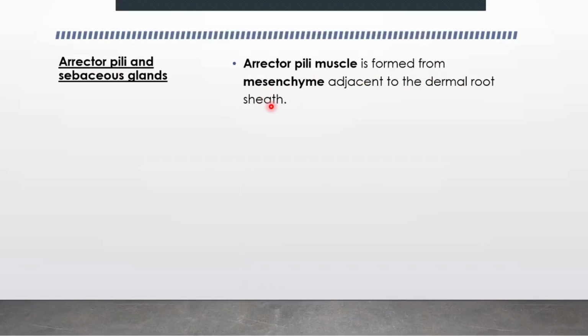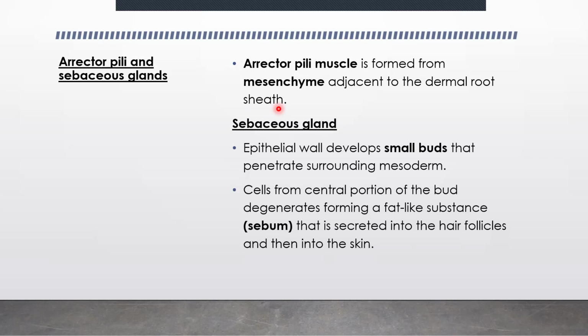The dermal root sheath comes from the mesenchyme, and so also the erector pili muscle comes from the mesenchyme just next to the dermal root sheath. The other gland I'll talk about is the sebaceous gland. The sebaceous gland together with the erector pili muscle and the hair will form the pilosebaceous unit.